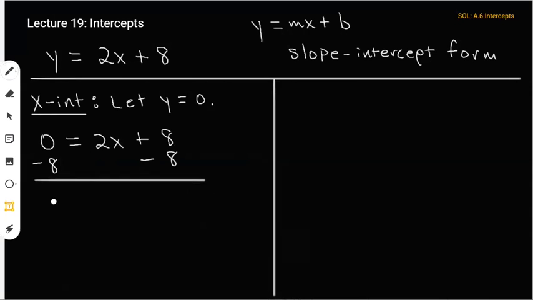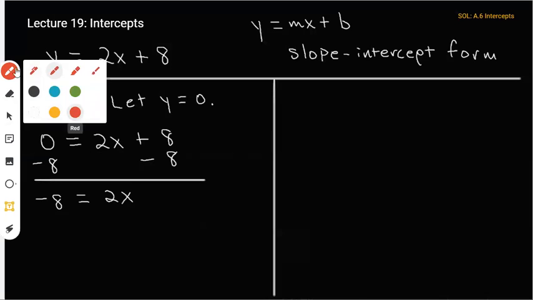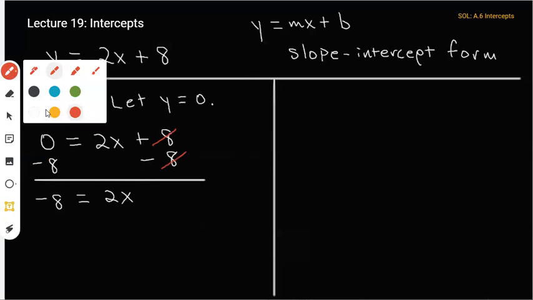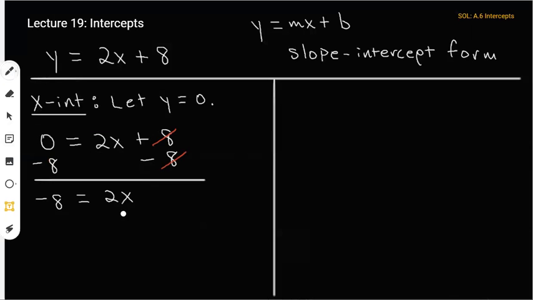0 minus 8 is going to give me negative 8. I've still got that 2x right there. And then the positive 8 and the negative 8 are going to cancel each other out, so I can cross those out. Negative 4. Yeah. So now I divide both sides by 2.